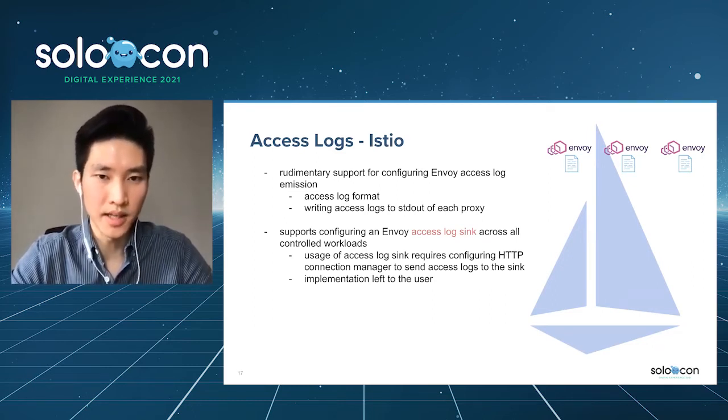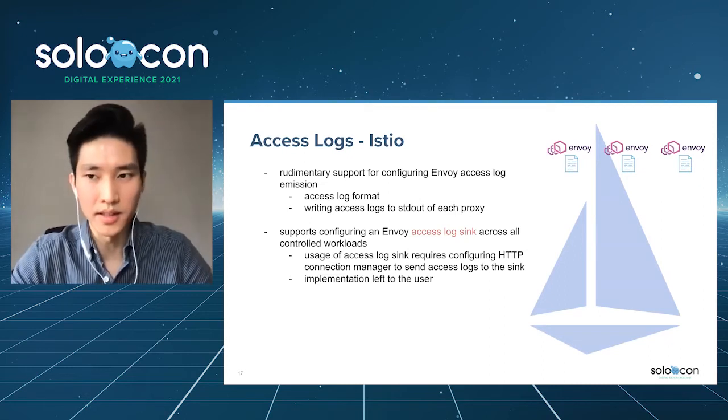And as the name suggests, an access log sink is a service that receives access logs. This service needs to be implemented externally because Istio doesn't provide a built-in implementation. The advantage of using an access log sink is that each proxy pushes their logs directly to the sink, which obviates the need to implement a separate process that goes and scrapes the logs from the standard out of each proxy.